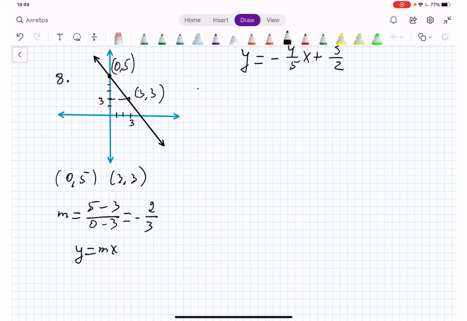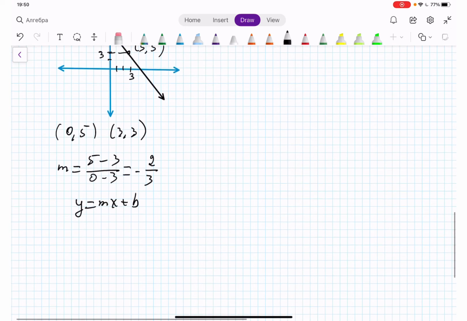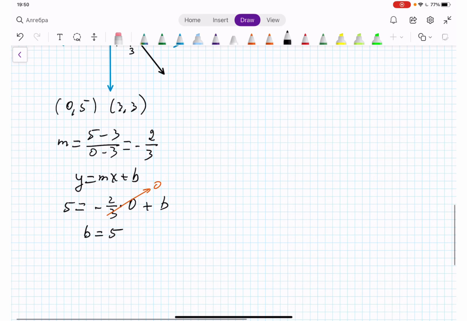For y is equal to mx plus b, y is 5, m is negative 2/3, and x is 0, plus b. Since this is multiplication by 0, our b is going to be equal to 5. Pretty straightforward. And my y is going to be negative 2/3 of x plus 5.